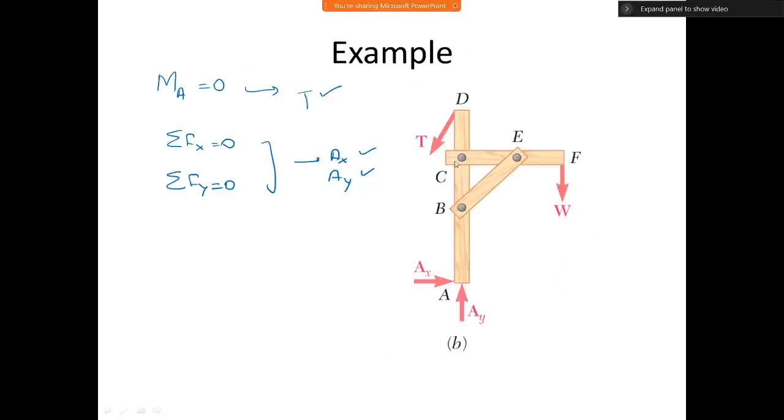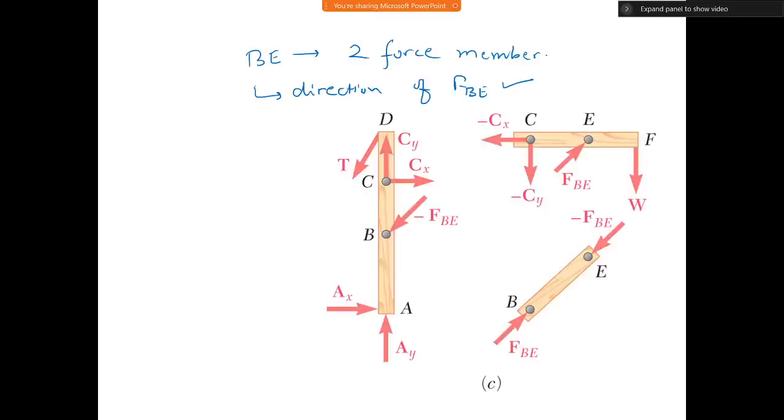At joint C there are pin reactions, and similarly at pin joint E there is a reaction, but that reaction is along BE, we know that. But at C we do not know, so there are two forces, Cx and Cy. We have assumed them like this, and they act equal and opposite by Newton's third law on member CF.